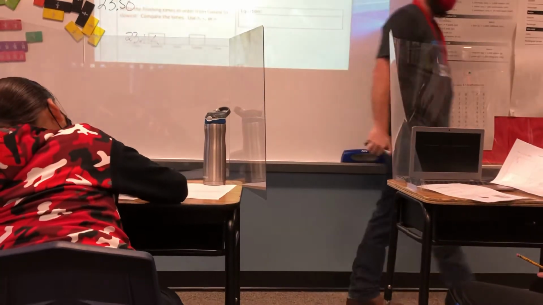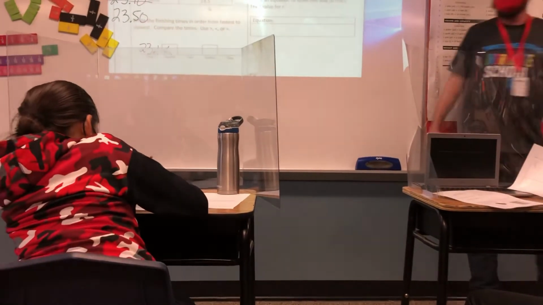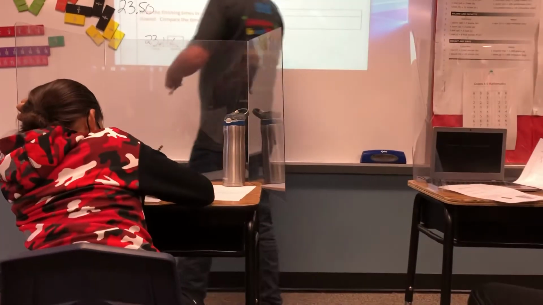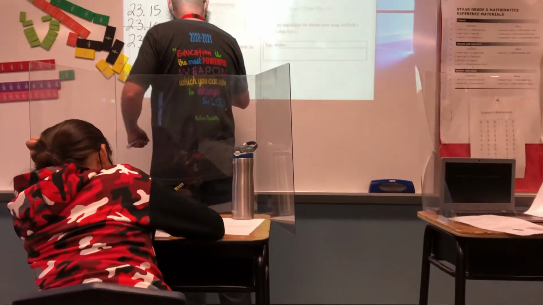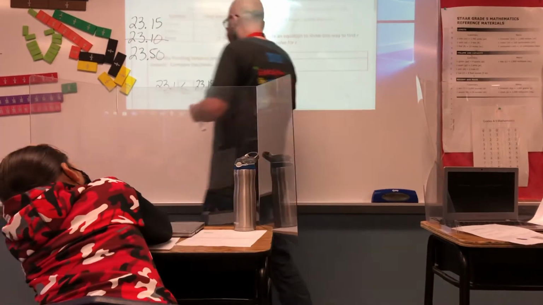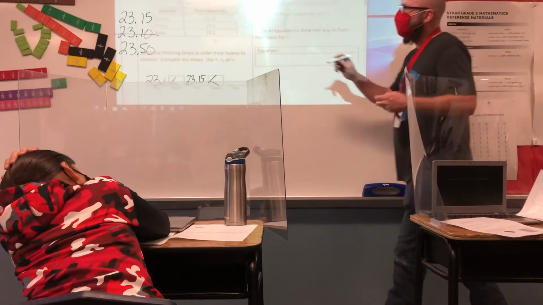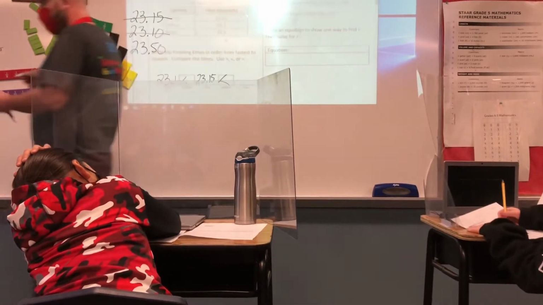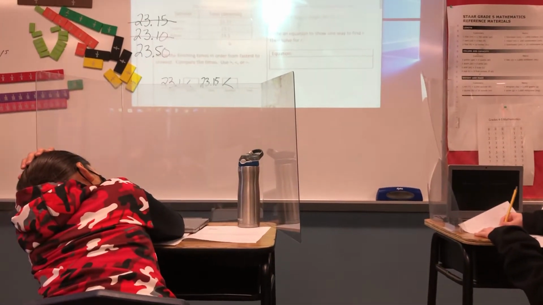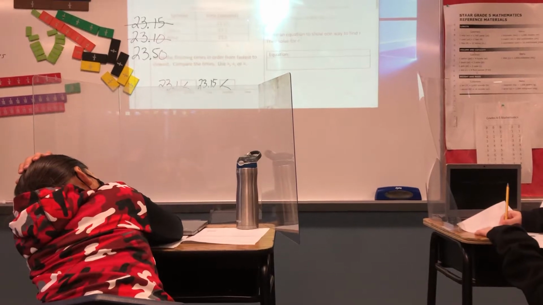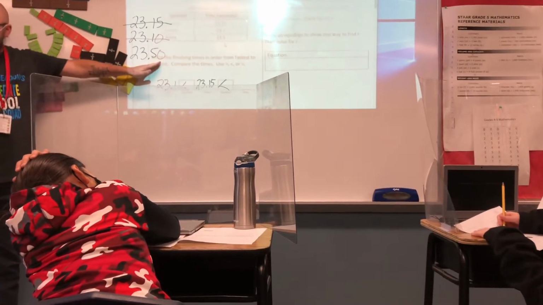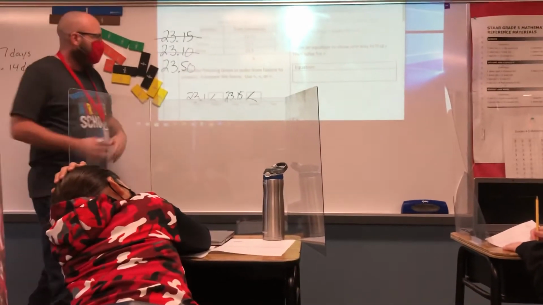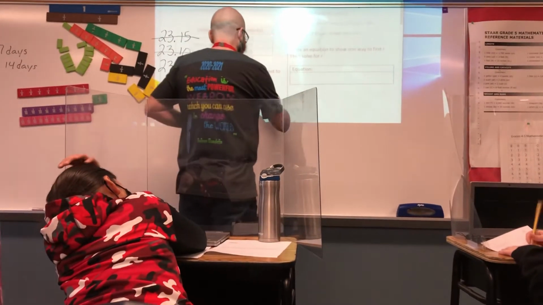Then 23 and 15 hundredths. Good. And that is smaller than, we've used this. Connor, can you tell me which one's the biggest? 23 and 5 tenths. 23 and 5/10.